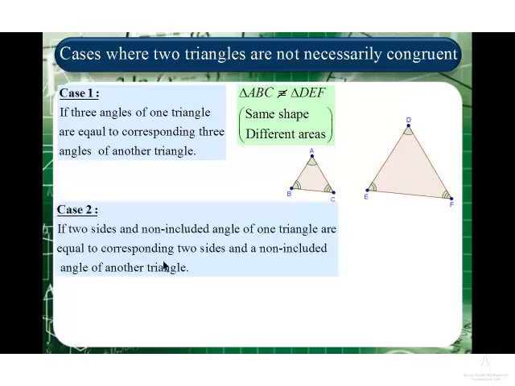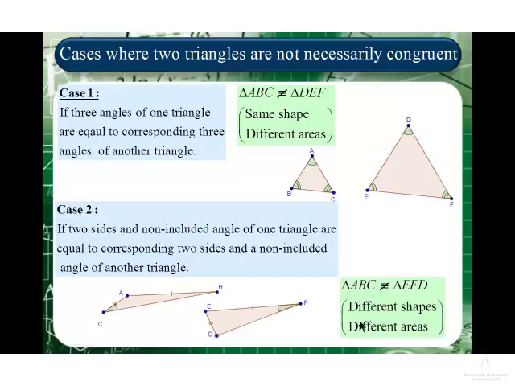Case number 2 is if we have two sides and a non-included angle of one triangle equal to the corresponding two sides and a non-included angle of another triangle. In such a case, the triangles are not necessarily congruent. Let us demonstrate this by looking at the triangles ABC and EFD respectively.